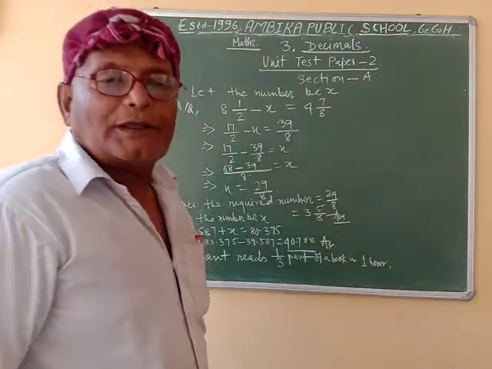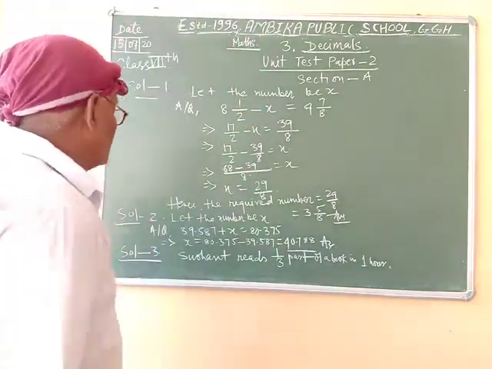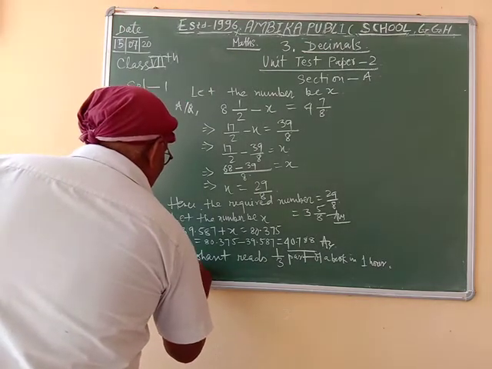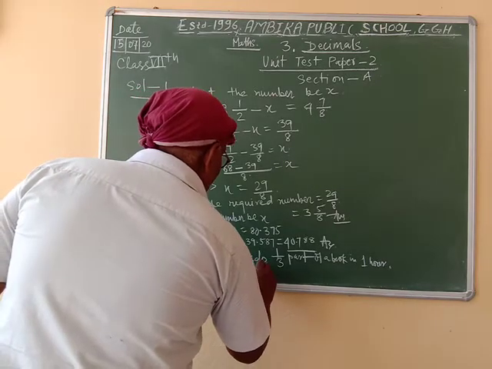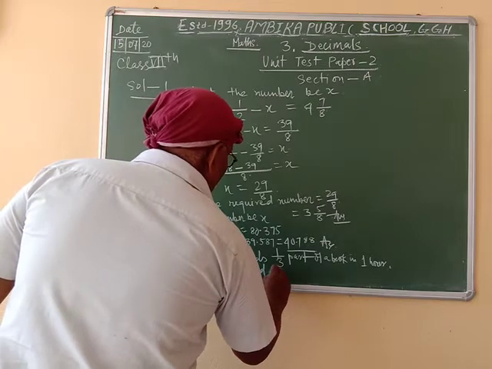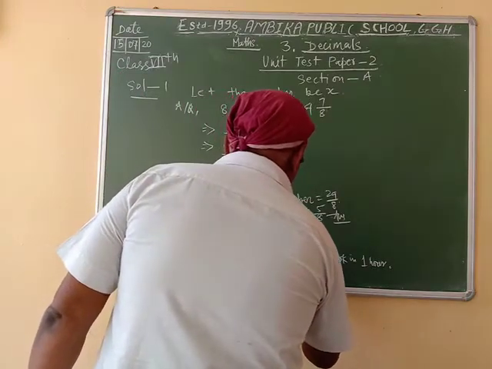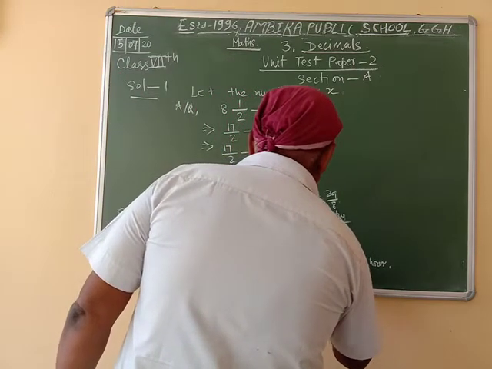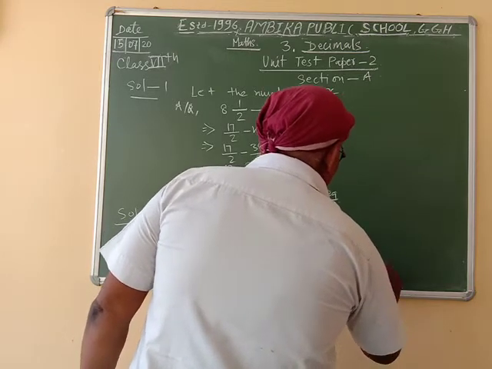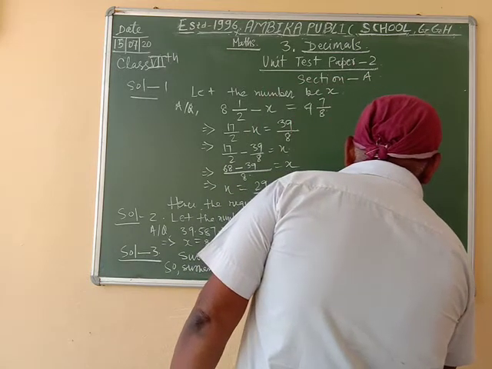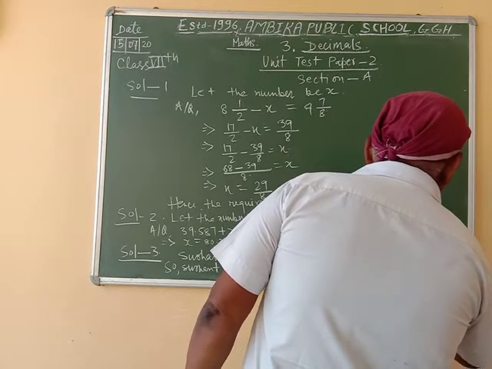So Sushant will read in 1/5 hours is equal to 1/3 into 1/5 is equal to 11/15.